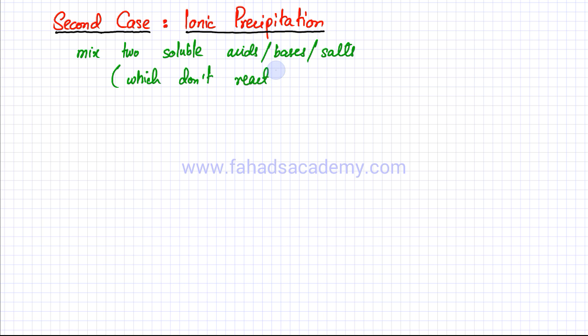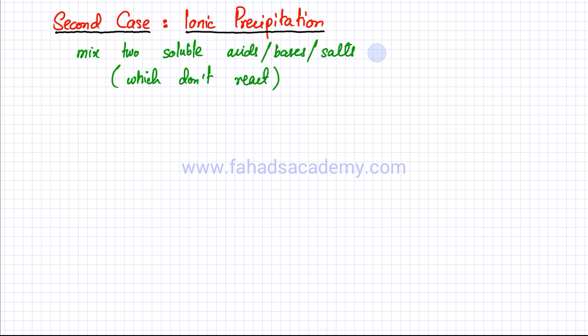Because if a reaction takes place, then you're going to follow the ionic precipitation that we discussed in the previous case. But whenever you mix two soluble acids, bases, or salts, there is a chance for ionic precipitation.